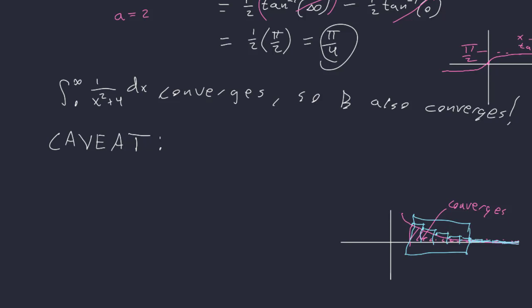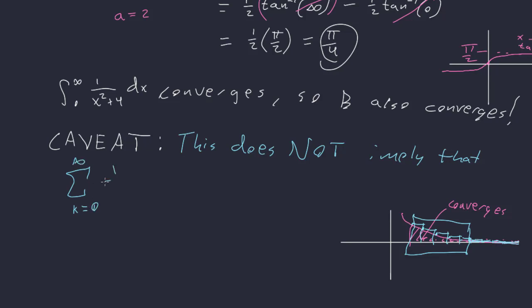So the caveat is that this does not imply that the series k going from 0 to infinity of 1 over k squared plus 4 also converges to pi over 4.